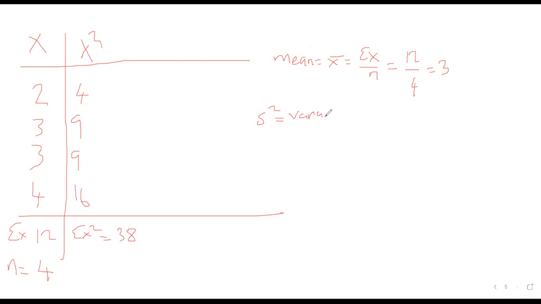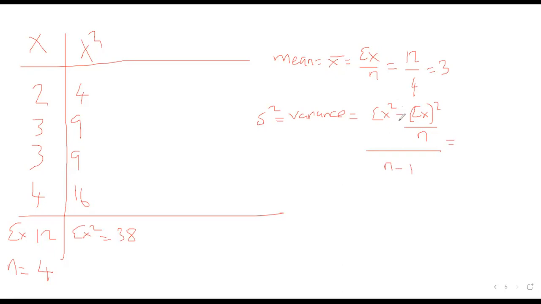This symbol stands for the variance. What's the formula for the variance? Somebody tell me from the head. It is equal to the sum of x minus x bar squared over n minus 1.